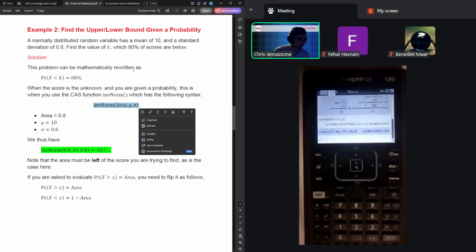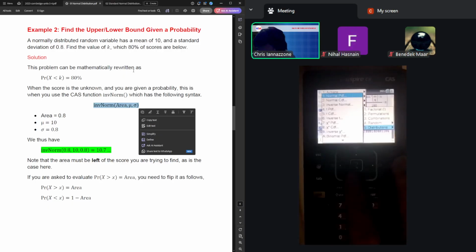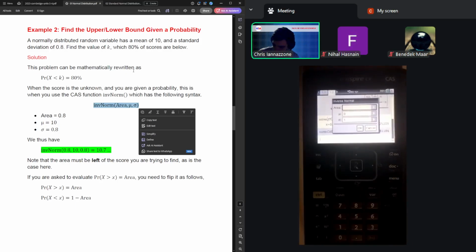So again, if we have a look at our CAS in the exact same area, option number 3 is the inverse normal. The syntax of which is you need to know the net area, or the net probability, the mean, and the standard deviation. Those are the things that you need. Now, for those using the TI-Nspire, like I am, you have to make sure that the probability you write is always pointing left.